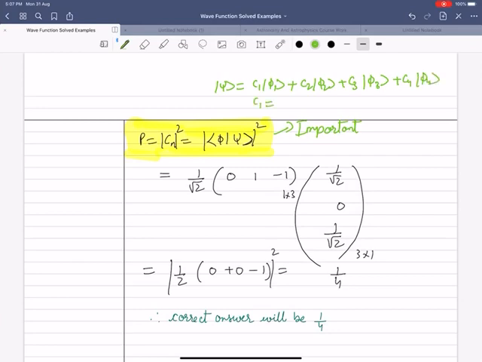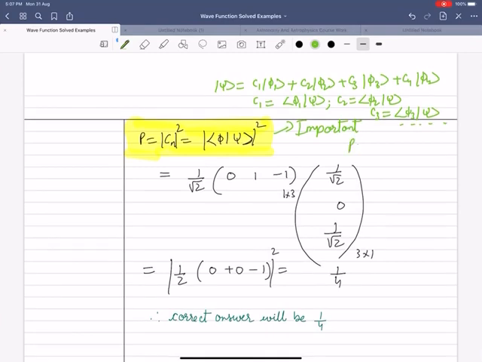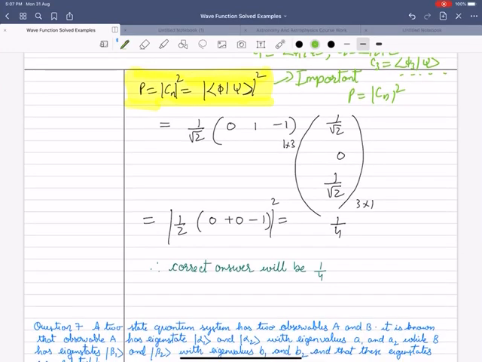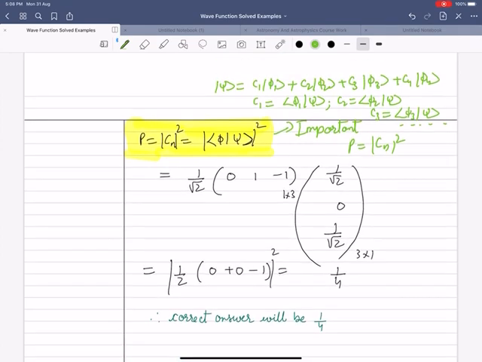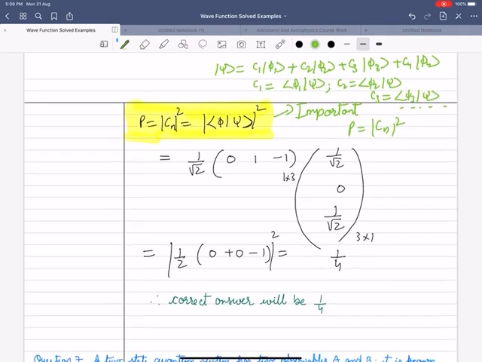So c1 is equal to phi 1 psi, c2 is equal to phi 2 psi, c3 is equal to phi 3 psi, and so on. The probability is mod cn square. You can easily find the probability by equating this and taking the square.